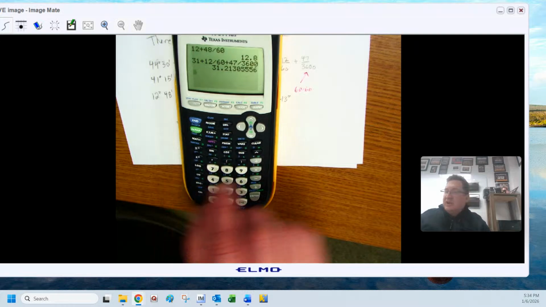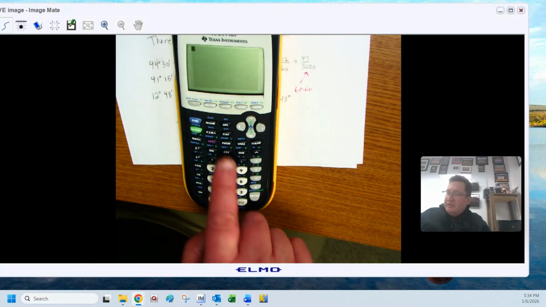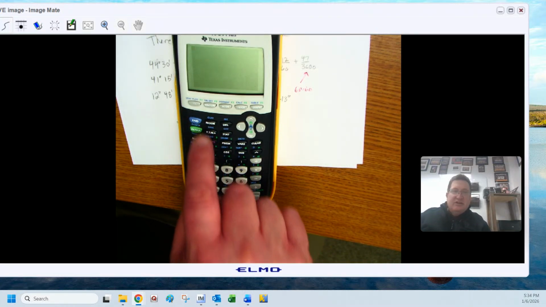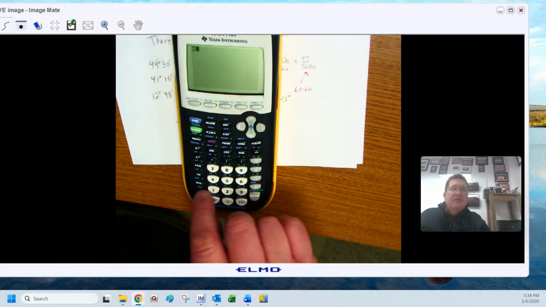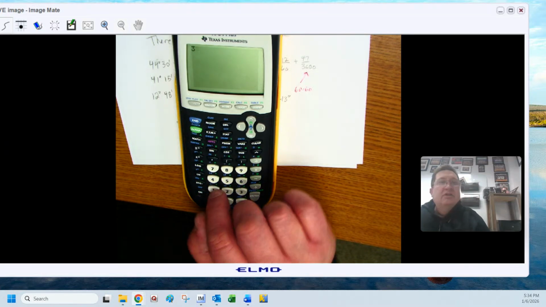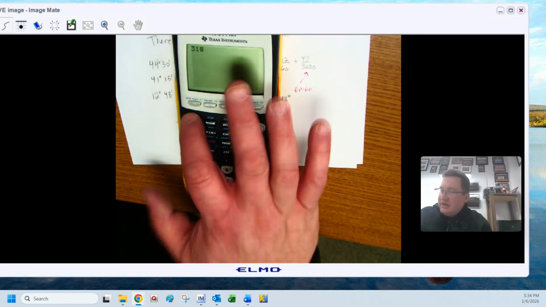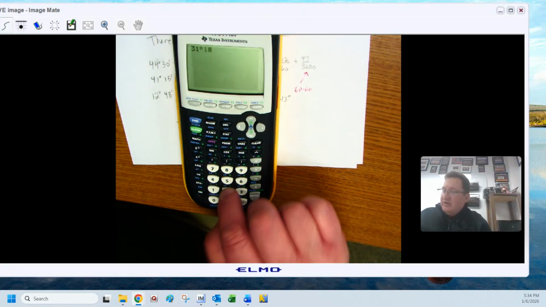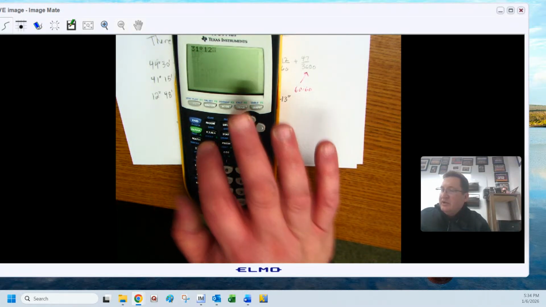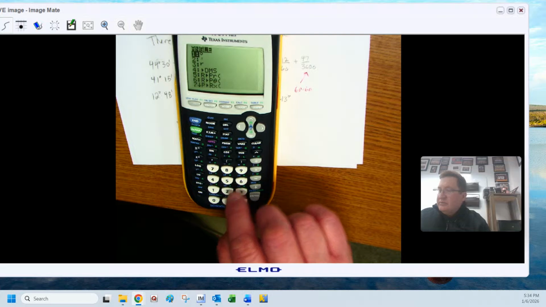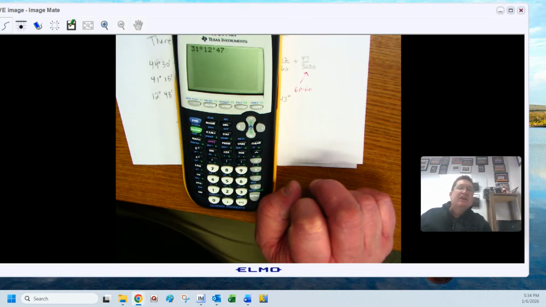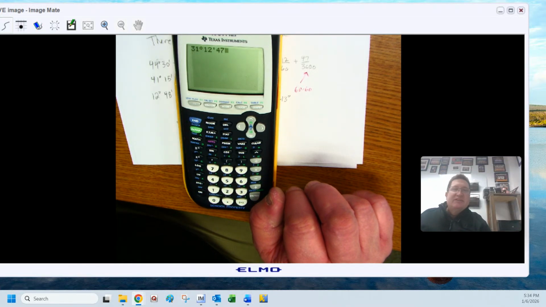If you're a little bit lazier than that, you'll notice on your calculator that you have a button right here. It's the second function of the apps key that's called angle. And so you could hit 31, then hit that angle button and notice there's a degree symbol. You could hit 12, hit that angle button, and notice there's a minute symbol. And then you can hit 47, and depending on the age of your calculator, there may or may not be a seconds button.